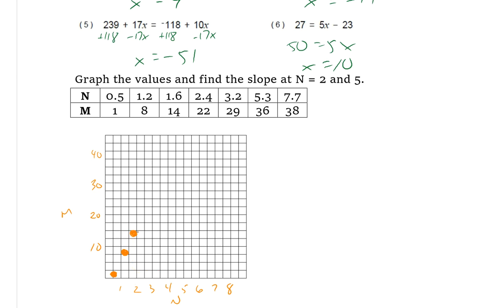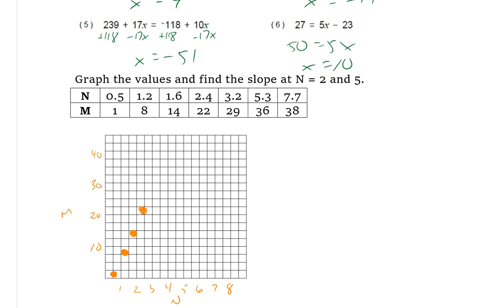Remember from grade 11, points nice and big and healthy show a little bit of give, a little bit of error, especially if they are experimental points. Our next one's 2.4 and 22, which would be right around there.